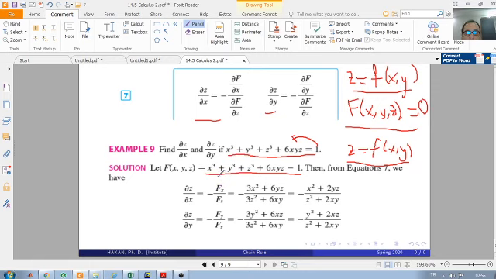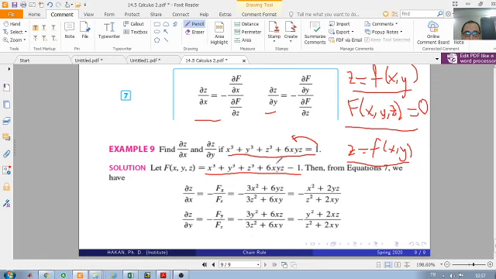Namely, we take the partial derivative of F with respect to x by considering the other variables as constants. So we have 3x squared, the second one is 0, the third one is 0, and the last one is 6 times y times z over, with respect to z, the first one is 0, the second one is 0, the third one is 3z squared, and the last one is 6 times x times y.